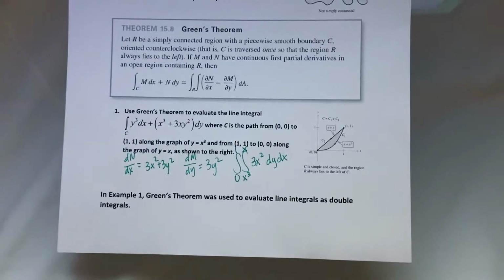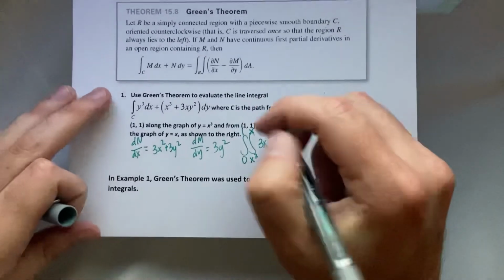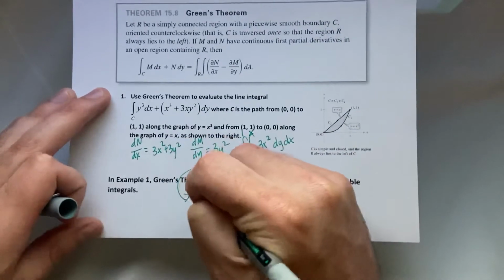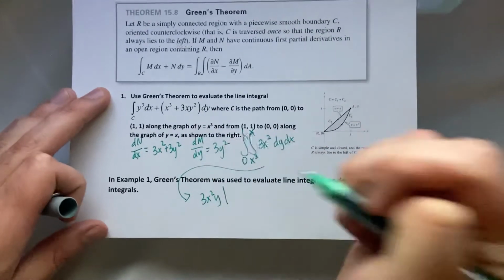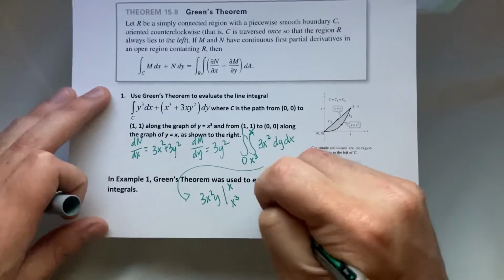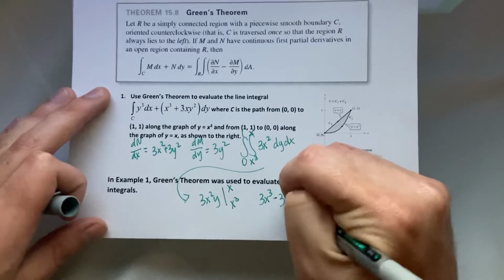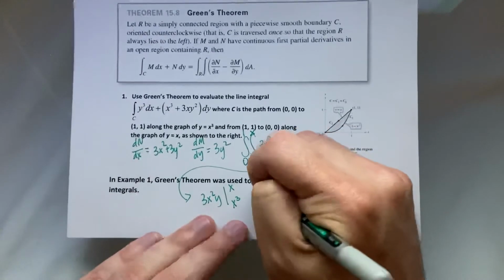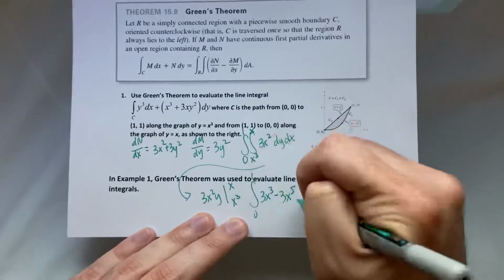Okay, so what's the integral of 3x squared with respect to y? It's 3x squared y evaluated from x cubed to x. So that'll be 3x cubed minus 3x to the fifth. I need to take this integral from 0 to 1 dx.